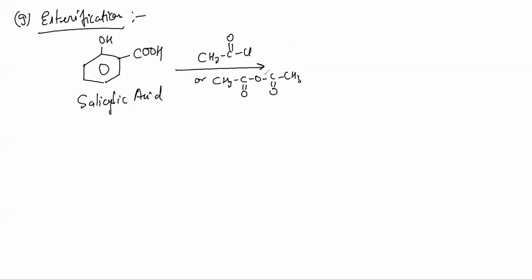Okay. Now you tell me, out of these two functional groups, OH and COOH, which is going to react with this? We have discussed this. We know this already. ROH reacts, or COOH?